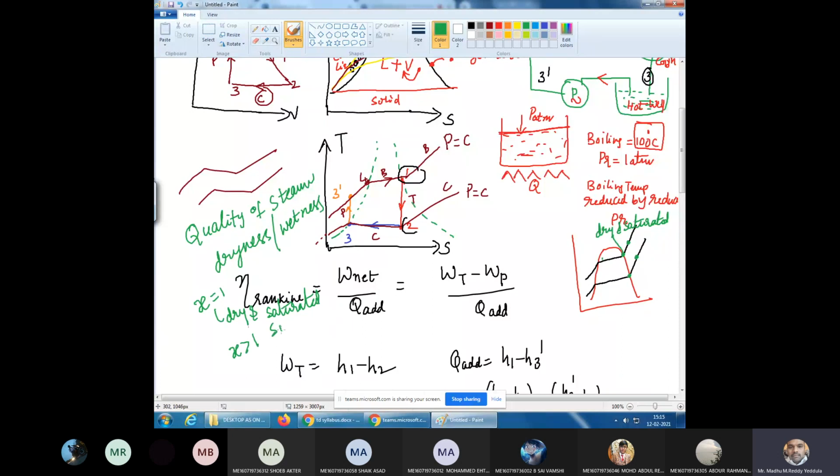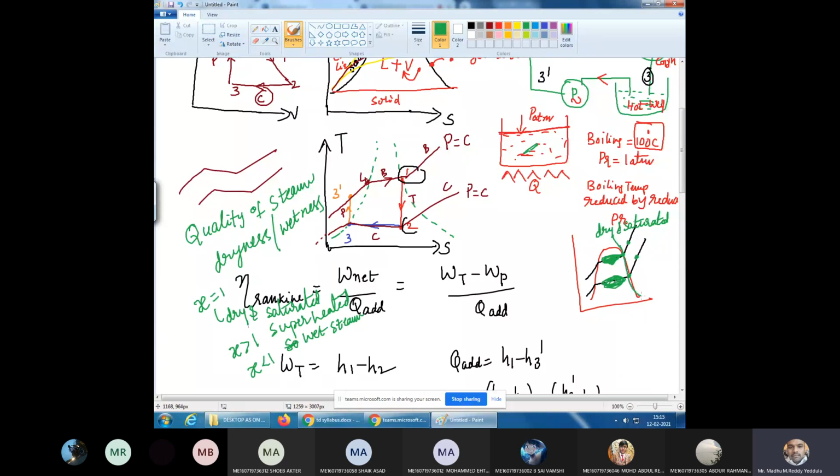X greater than 1, it is superheated. And X less than 1, it is wet steam. If the dryness fraction is less than 1, the point lies in between the liquid and vapor. If X is less than 1, it is between the liquid line and vapor line.